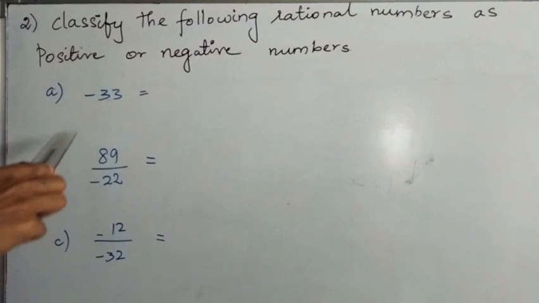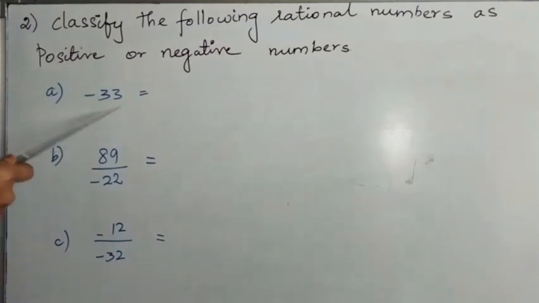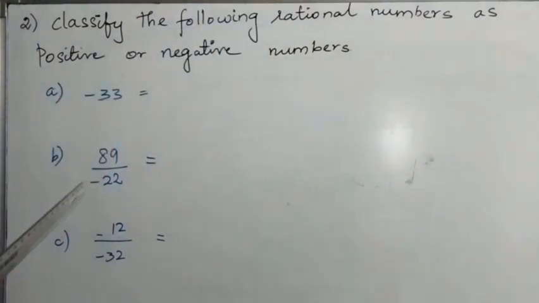First, the first option is minus 33. It is a negative number. Yes, but we have to write that in the rational form. Yes or no? It is not in rational form. First we have to write in rational form. After that we have to classify it as a positive or negative rational number. Okay, see the solution.